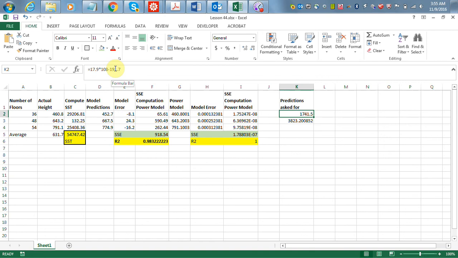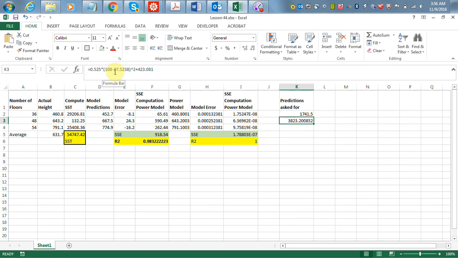The linear model, what I do is I type in the linear model. I actually just copied and pasted it out of this. You should know my lazy ways. So I went and copied that, hit enter, go over here, paste it, and instead of the x value being A2, I put 108. So I got 1741.5.